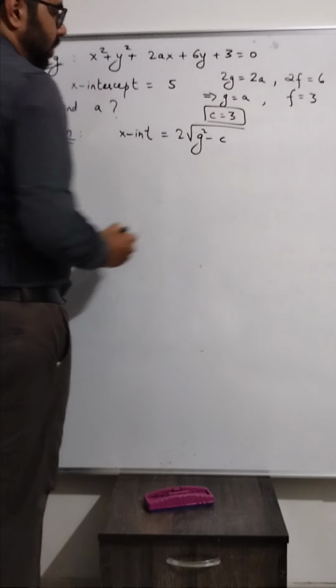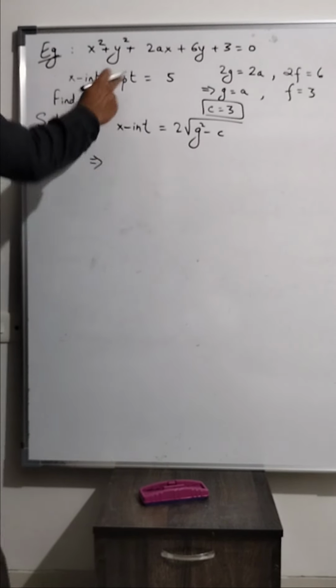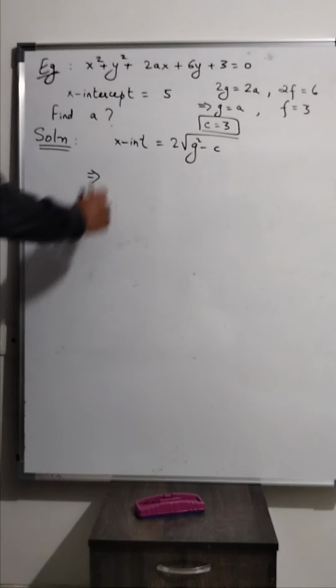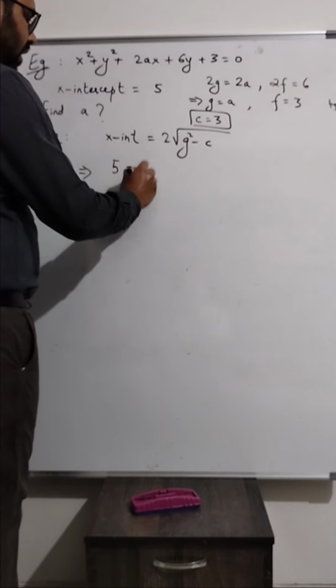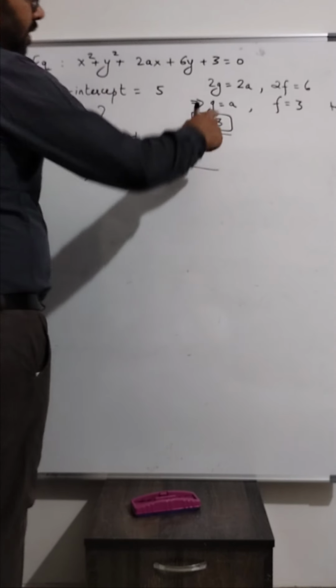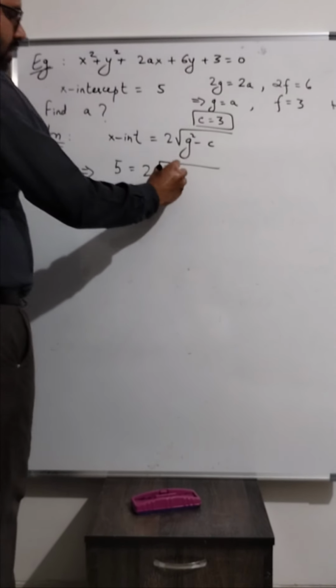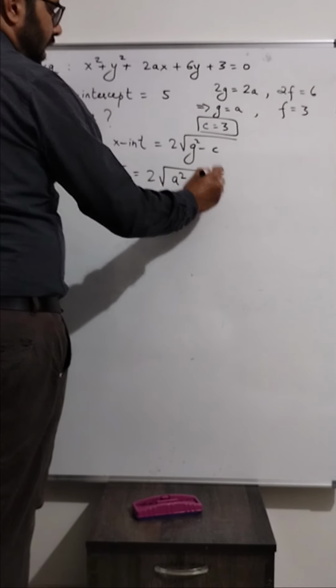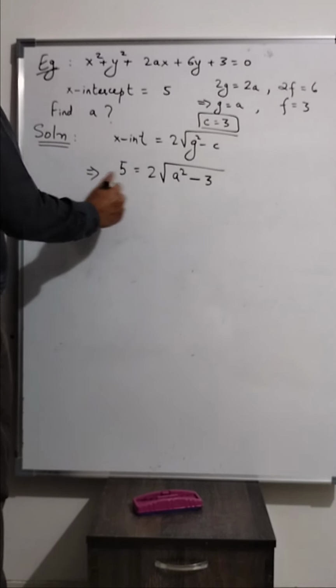Okay, now x-intercept is already given in the question, so we will substitute the value of x-intercept as 5. So x-intercept is equal to 5, then 2 times square root of, value of g is a, so we will substitute g is equal to a, so g square will become a square minus c. Value of c is 3, so 2 root a square minus 3.